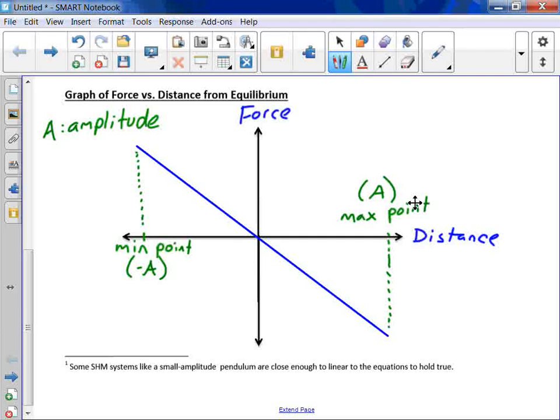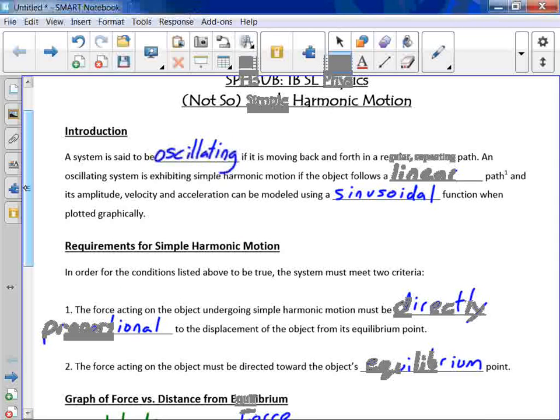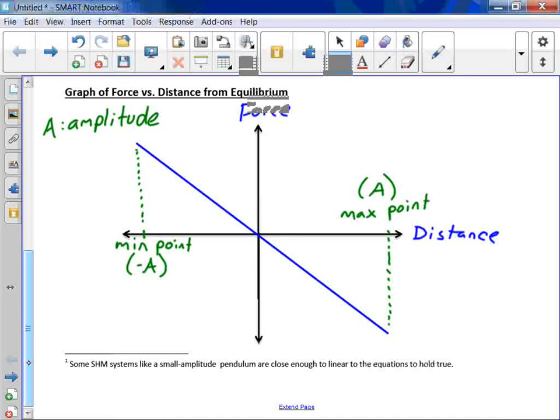Sorry, I should talk about the footnote here, from way back at the top, about it having to follow a linear path. What we're going to see next time in part 2 of this note is that some things are approximately a linear path.